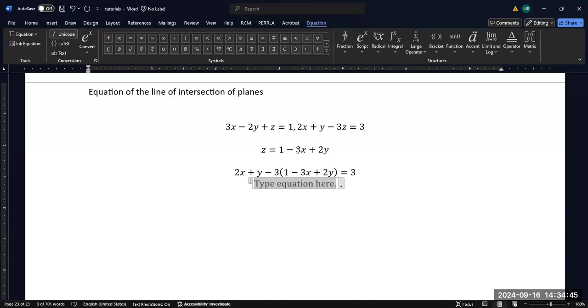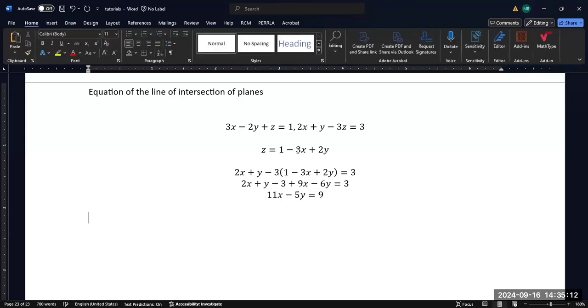Now let's do some simplifying. 2x plus y minus 3 plus 9x minus 6y is equal to 3. I'm going to move my minus 3 over to the other side, and I'm going to get 11x minus 5y is equal to 9.